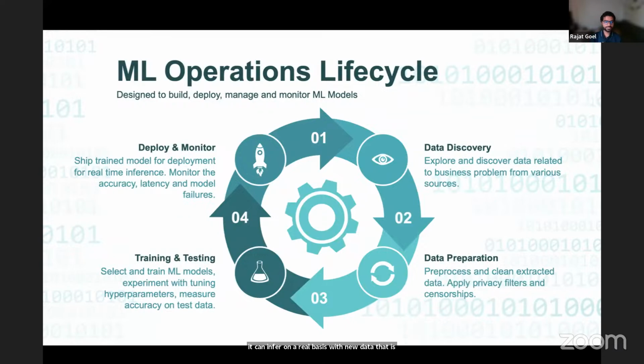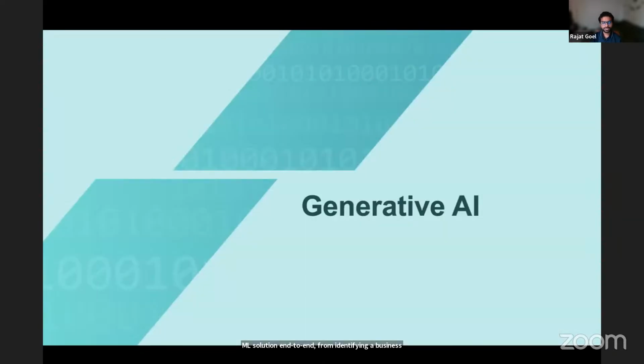We also monitor its accuracy continuously, the latency of inference, and if there are any model failures, or let's say if the model is offline and we are getting a lot of errors and reports around it. So that's basically the whole life cycle of creating an ML solution end-to-end, from identifying a business problem to deploying a solution in production. Now let's talk about generative AI and what it is all about.